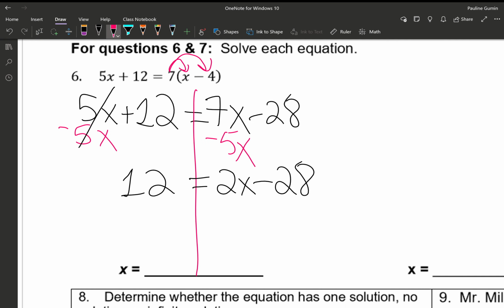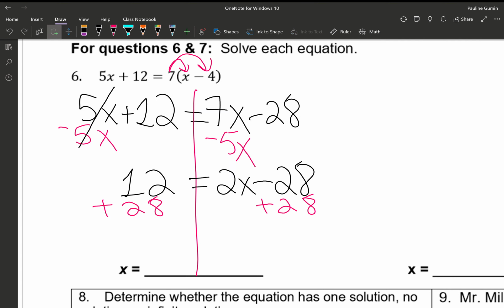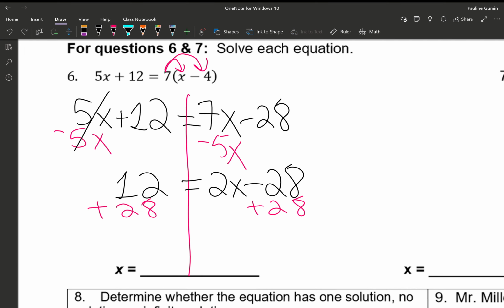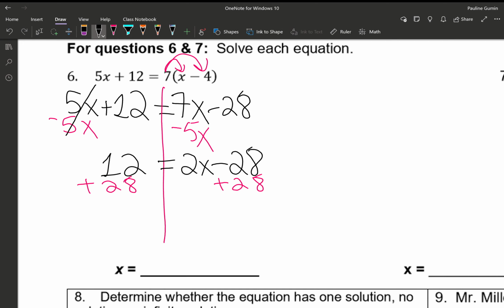Next, I'm going to move the 28 by adding 28 to both sides of the equal sign. We add because I had a minus 28, and I have to do the opposite operation. And I did not give myself enough room, so I am attempting to make this smaller. Success. Okay. 12 plus 28 is 40, equals 2x. And my last step is to divide both sides by 2.